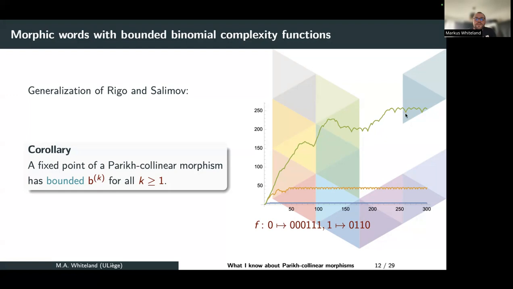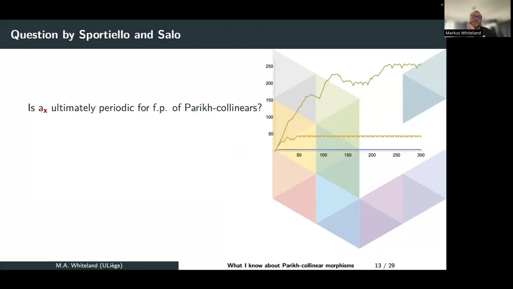And while talking about this work in previous presentations, we got questions from Sportiello and Salo independently. They were looking at this particular graph, and they asked, is the abelian complexity function always ultimately periodic for fixed points of Parikh-collinear morphisms?